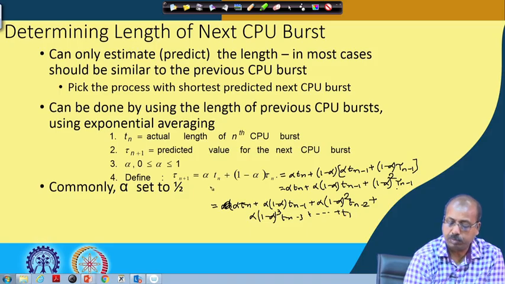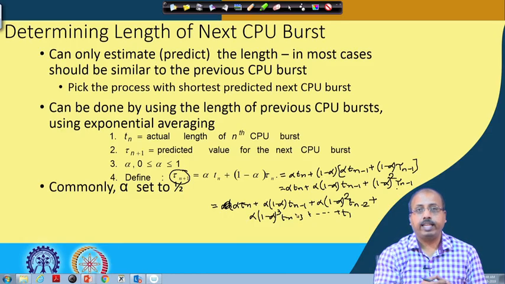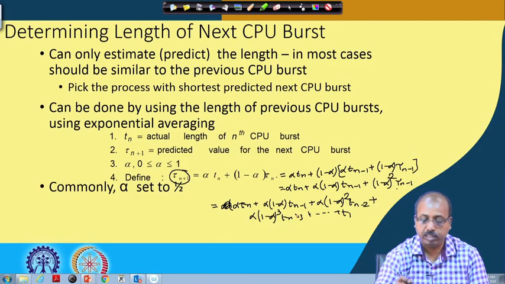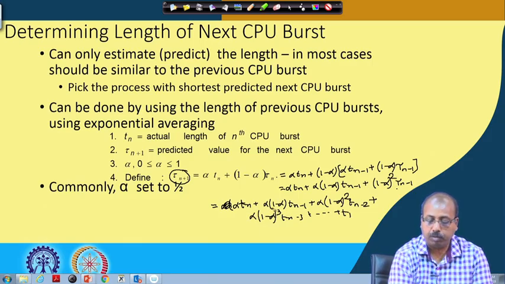So, in this expression of tau n plus 1, we are considering the actual CPU bursts over the last n cases, and based on that we are trying to see what is going to be the next CPU burst. But their weights are decreasing. The recent burst has the maximum effect. This alpha is a value between 0 and 1, so this 1 minus alpha is also a value between 0 and 1. As you go away from the current CPU burst, the weightage of that CPU burst is decreasing.